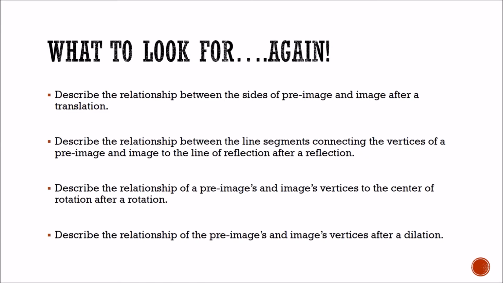After looking for those, you're looking for a couple different relationships that are specific to each type of transformation. For instance, the relationship between the sides of the pre-image and image after a translation, the relationship between the line segments connecting the vertices of a pre-image and image to the line of reflection after a reflection, the relationship of the pre-image's and image's vertices to the center of rotation after a rotation, and the relationship of the pre-image's and image's vertices after a dilation.